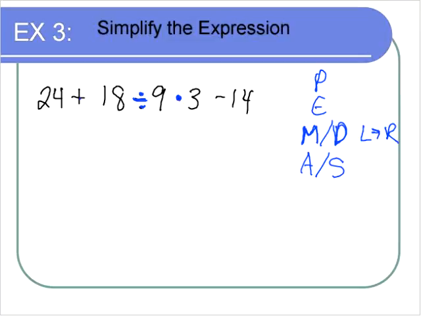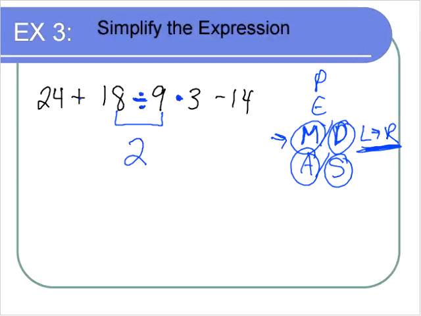Okay, so let's take a look. I have an addition, I have a division, I have a multiplication, and I have a subtraction. So which one's on the higher level? Multiplication and division. So I have the two things that are in blue. How do I know which one to do first? We work from left to right. So that means I'm going to do these first. 18 divided by 9 is 2.